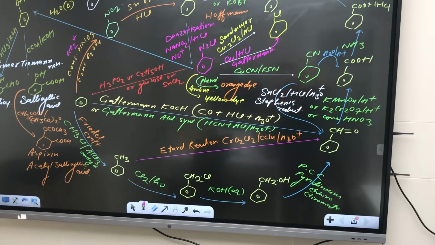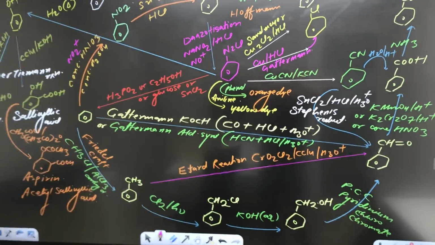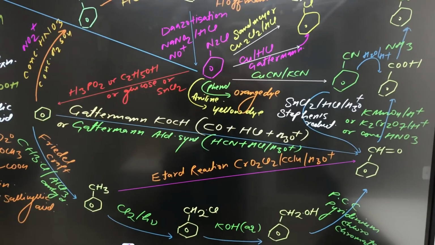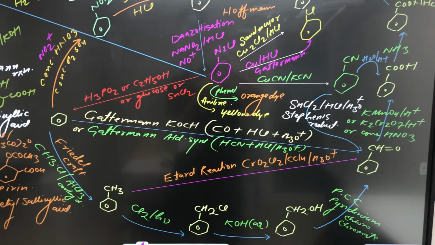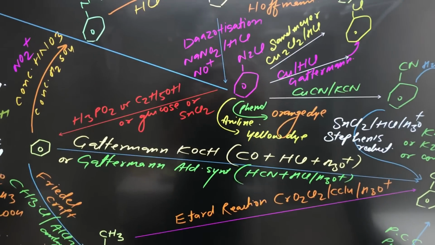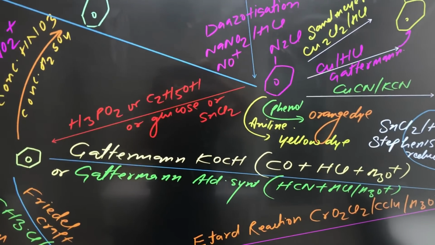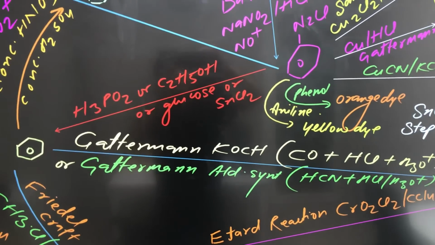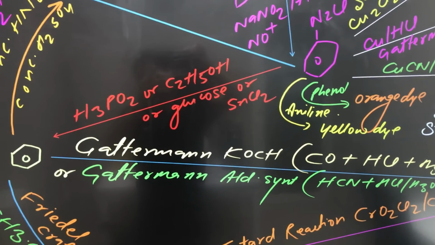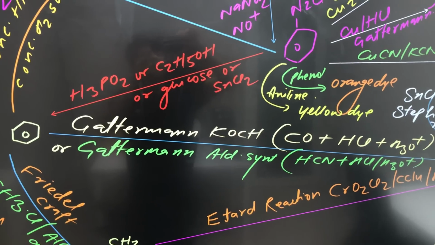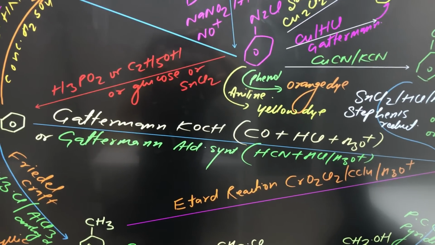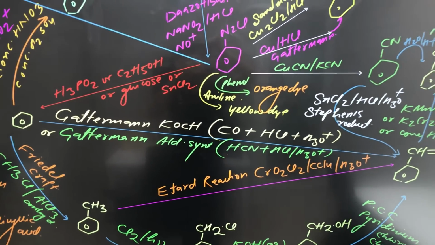What I was telling you: if you want to convert this benzene directly into benzaldehyde, take the flight of Gattermann. See the name, man of Gatter. Either you can do the Gattermann-Koch reaction or you can do the Gattermann aldehyde synthesis.